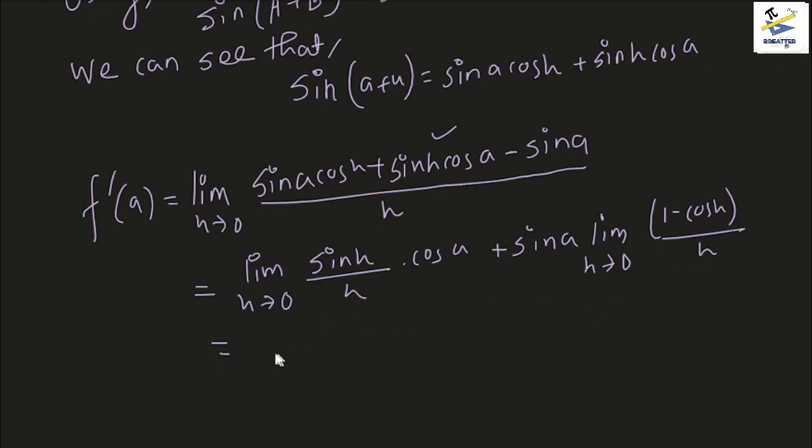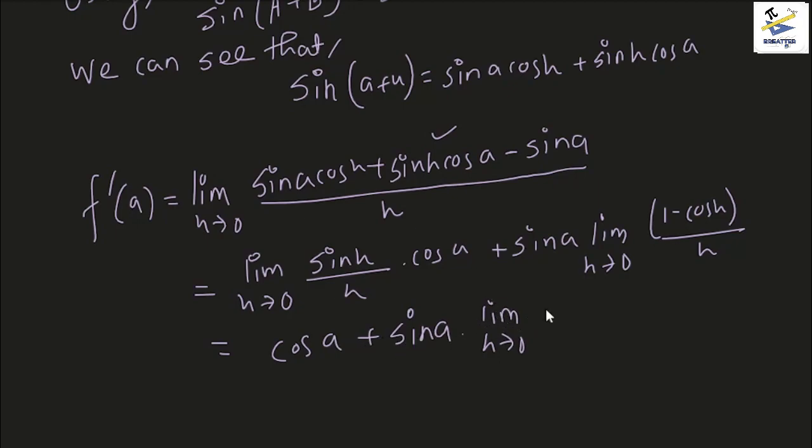So this limit is 1, so it becomes cos of a, because we have learned about the limit x tends to 0 of sin x by x in the previous videos. And the next one, sin a into, now we first use the formula for 1 minus cos theta is equal to 2 sine square theta by 2.